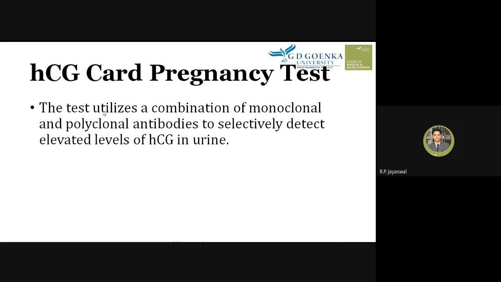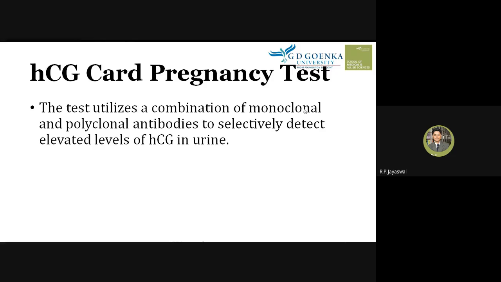The test utilizes a combination of monoclonal and polyclonal antibodies to selectively detect elevated levels of HCG in the urine. Here you can see that the method is based on the combination of monoclonal and polyclonal antibodies. What are monoclonal antibodies and what are polyclonal antibodies?